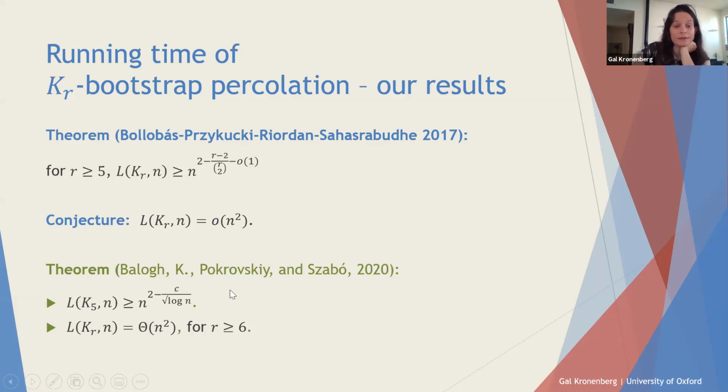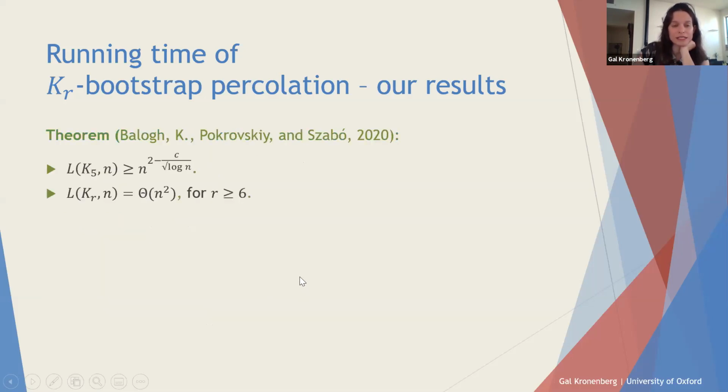Okay, and maybe I'll say some comments about the theorem before I talk a little bit about the proof. Clearly what we did for K6 and above could not work for K5, otherwise we would get the same answer here. And interestingly, the reason had something to do with 3-term arithmetic progressions that appear in our proof for K_r when we try to apply it for K5.